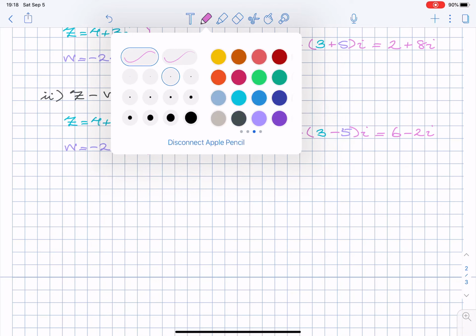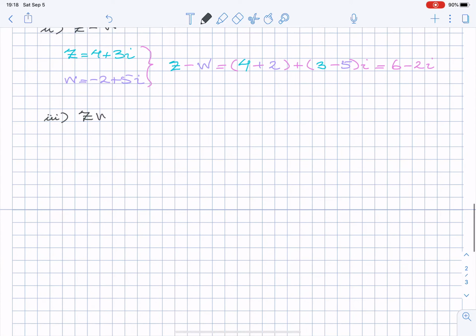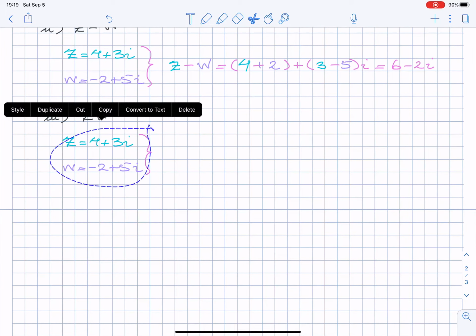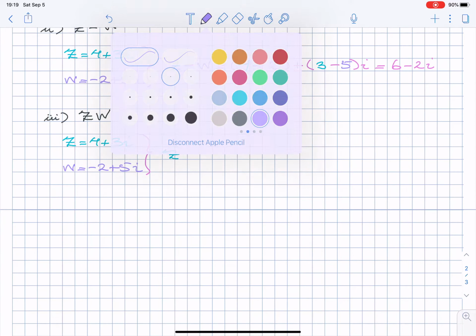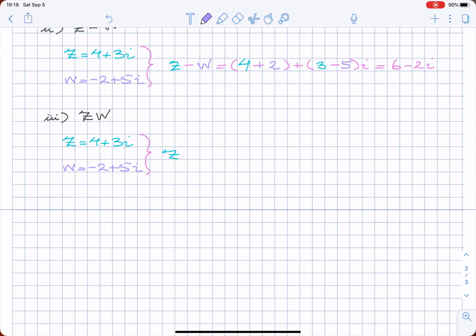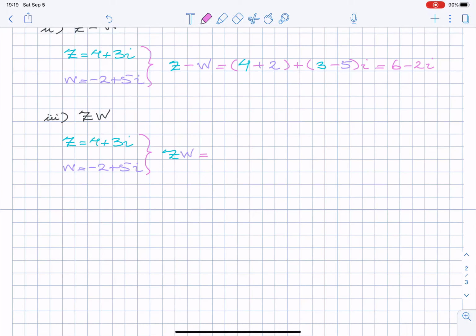And last but not least, let's find the product. So number 3, z times w. Okay. So what we're going to do, z times w. So first we're going to find the subtraction with the 2 subtraction lines.